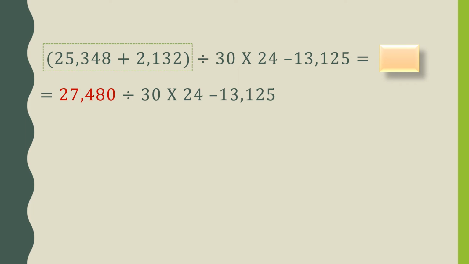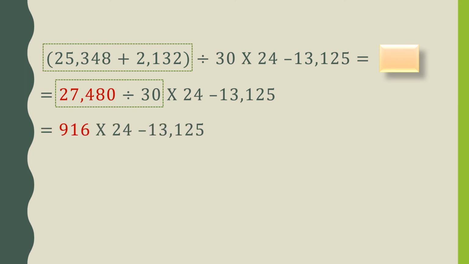We've got level 3, multiplication and division. And then we have to work from left to right. With this equation, we have to do first division because it is in the left. 27,480 divided by 30 is equal to 916.